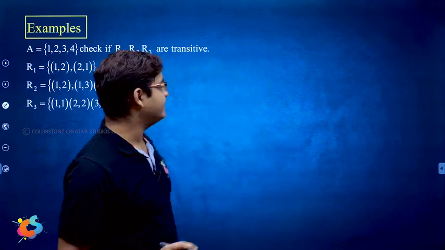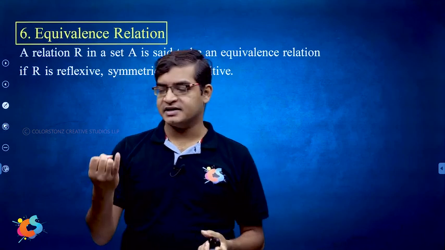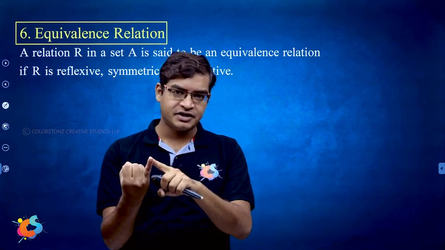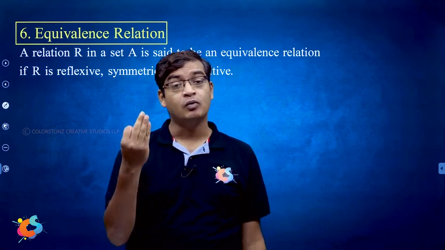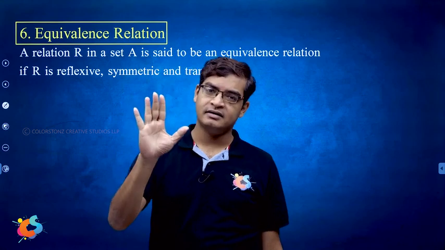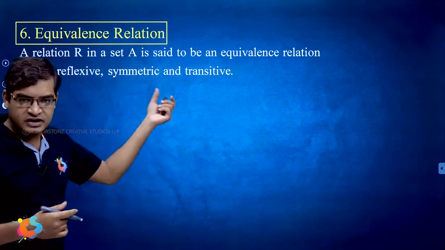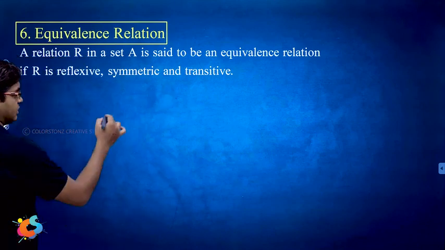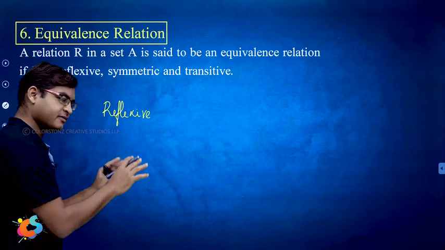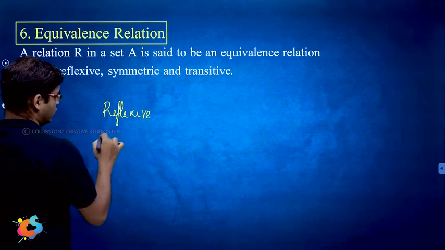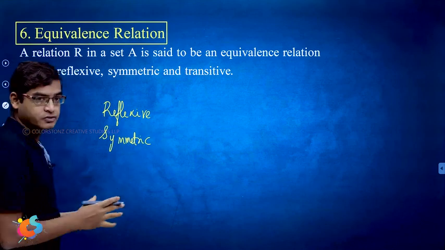Okay, so let us take the next type of relation, the last type of relation. So till now we have discussed what is an empty relation, what is a universal relation, what is a reflexive relation, what is a symmetric relation, what is a transitive relation. 5 types of relations. This is the last one, and there is nothing to study here also. If a relation is reflexive, you have checked for reflexive and that relation is reflexive. You have checked for symmetric and that same relation is symmetric also.